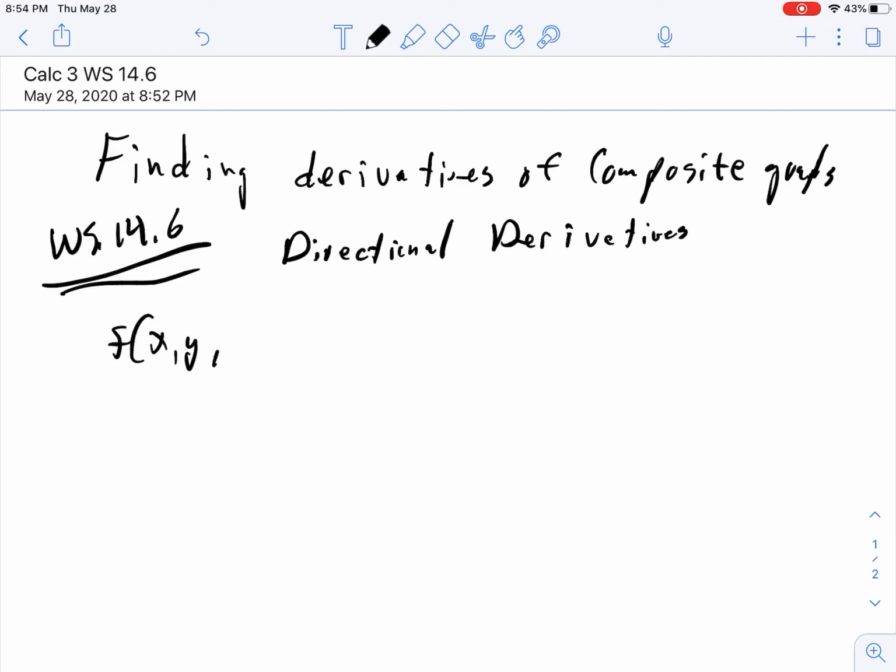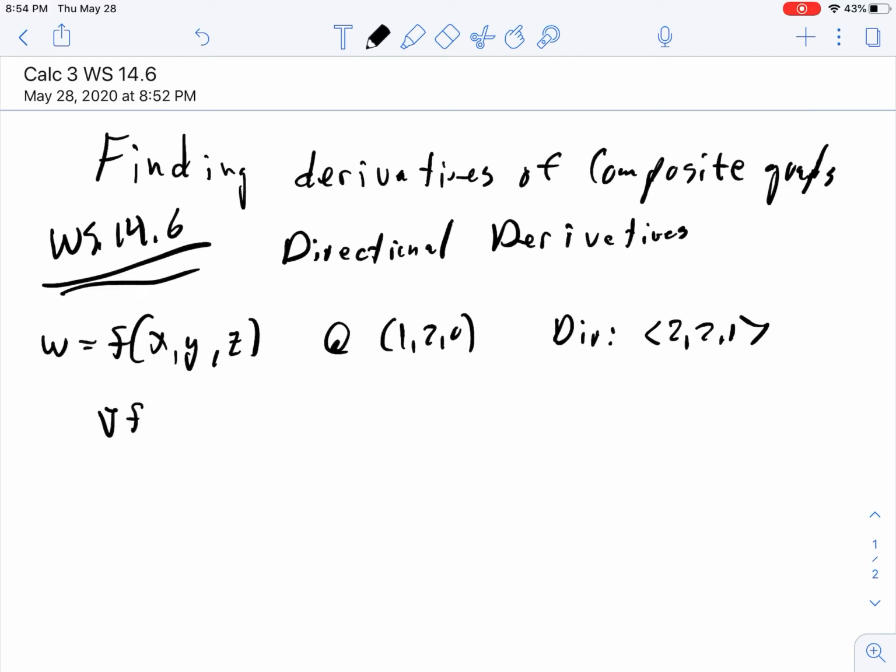Okay, so if this is our function, f of x comma y comma z, and keep in mind that this could be represented by another letter like w, and let's say we're doing this at the point 1, 2, 0. And then the direction that we're going is 2, 2, 1.